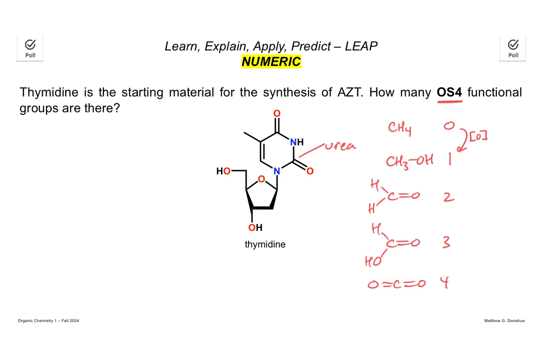So if the number increases, that's called an oxidation. If the number decreases, it's a reduction.